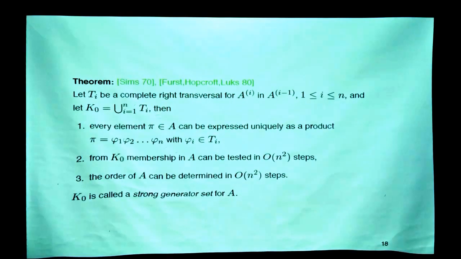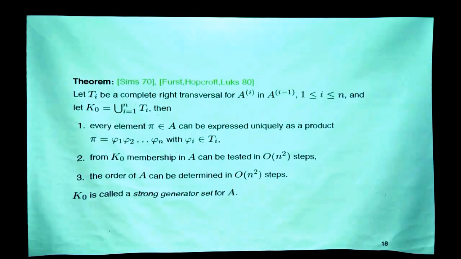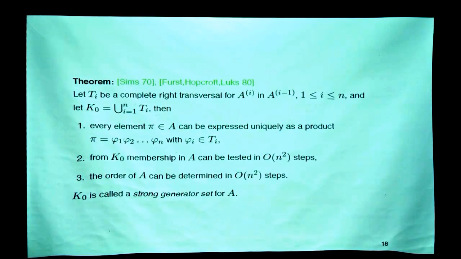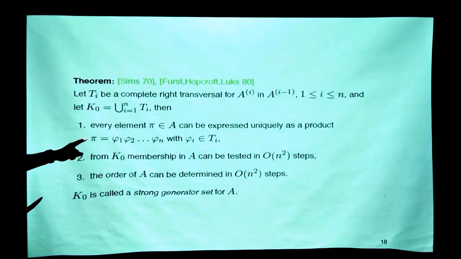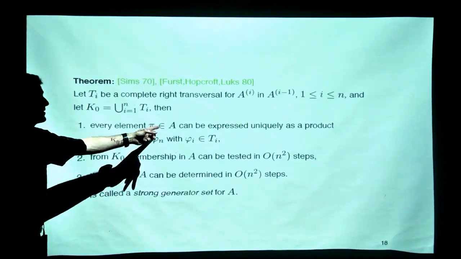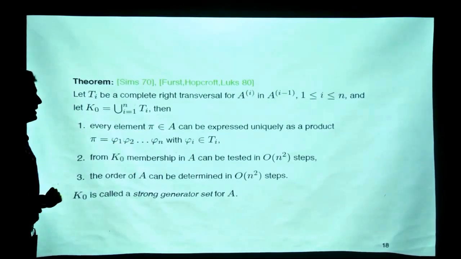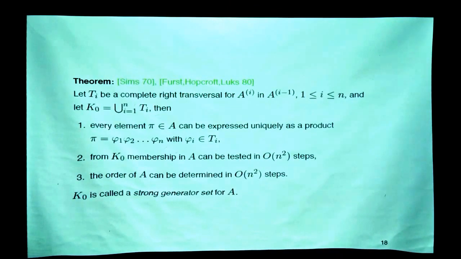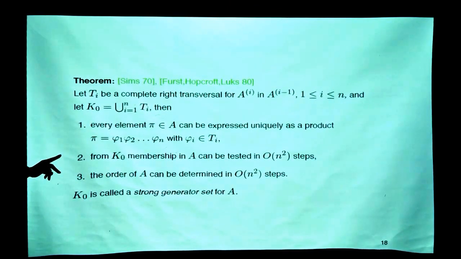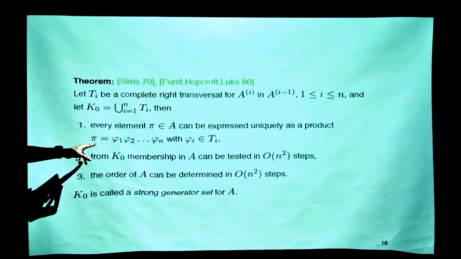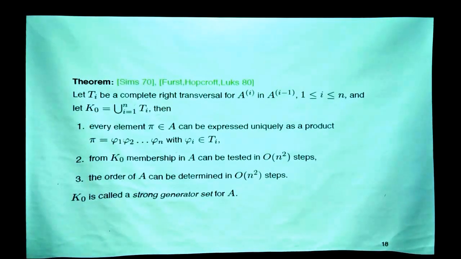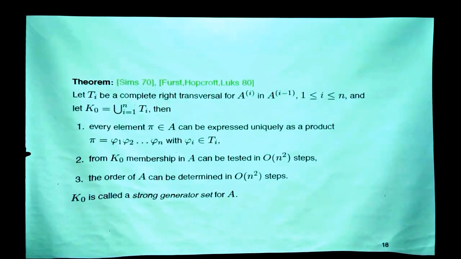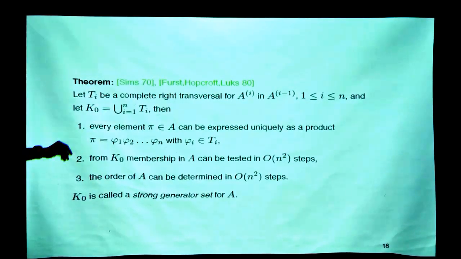This slide shows that there is a canonical way to decompose these subgroups, or a canonical way to factorize each element in the group A in this way, where these phi's are given by this right transversal.